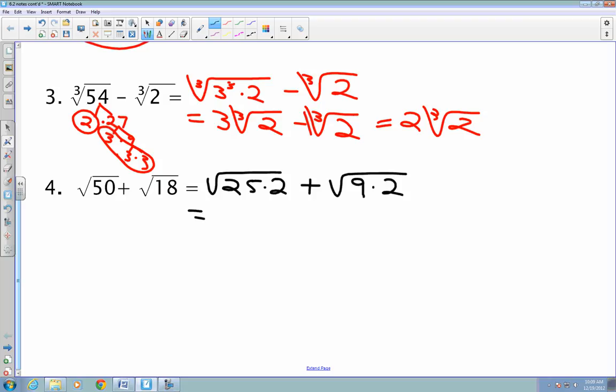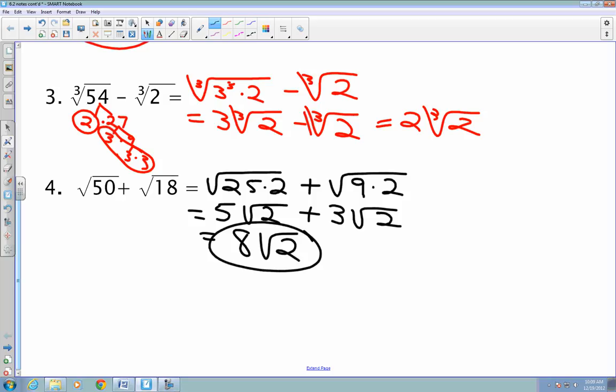Okay, so the square root of 25 is 5. So I have 5 root 2. The square root of 9 is 3, so I have 3 root 2. And now I have like terms, so I can take 5 plus 3 is 8, and I get 8 root 2. Make sense? Okay.